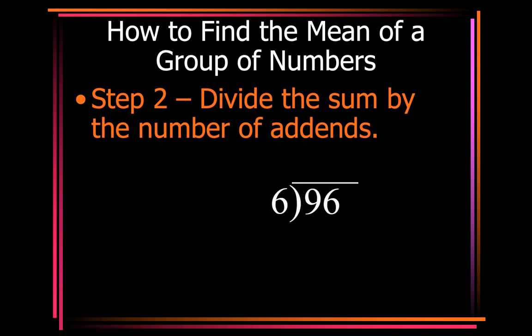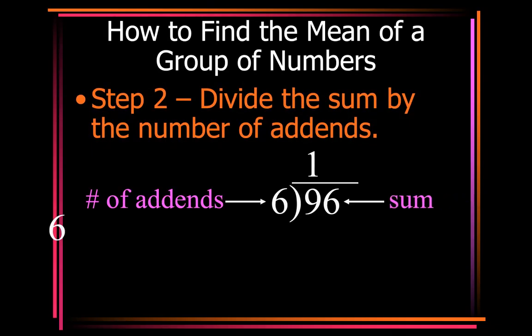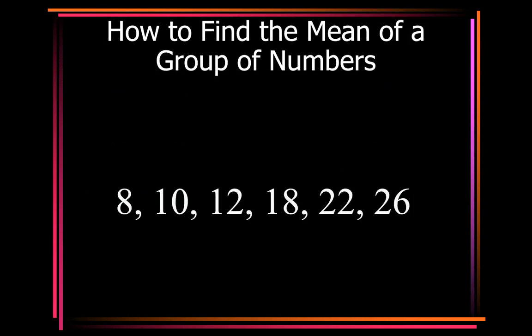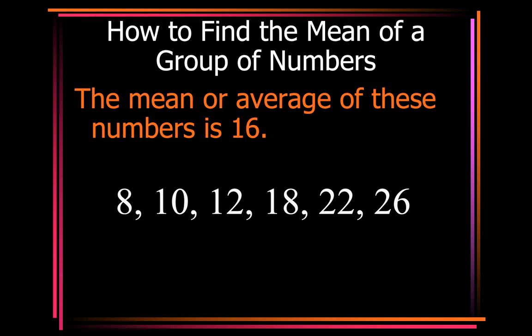So then step 2 is divide the sum by the number of addends, or how many numbers you added together. So you get 96 divided by 6. And that ends up giving you 16. So the average, when it's all said and done, is 16. The mean or average of these numbers is 16.